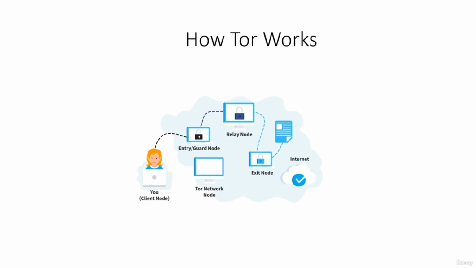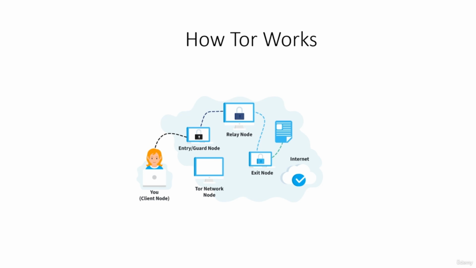Now, how does Tor work? To improve your online privacy and security, the browser makes use of Tor's vast, worldwide server network to hide your IP and secure your connection. When using the Tor browser, your data goes through different Tor servers, or nodes.